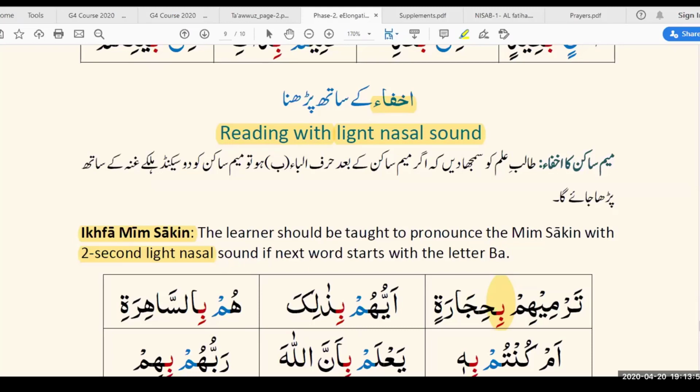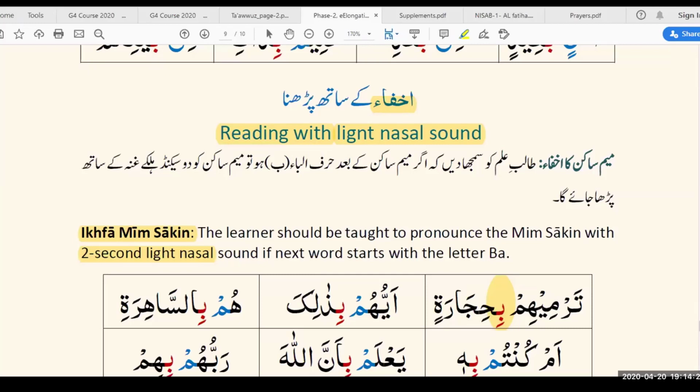Exactly. So all the letters like Alif, Hamza, Ha, Ha, Kha, Ain, Ghain, those letters, if you take those away, and then also the other letters, there are idgham letters. Yes, those idgham letters. There are 4 kinds, with nasal sound and without nasal sound.